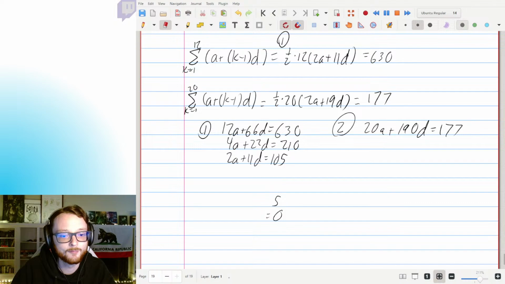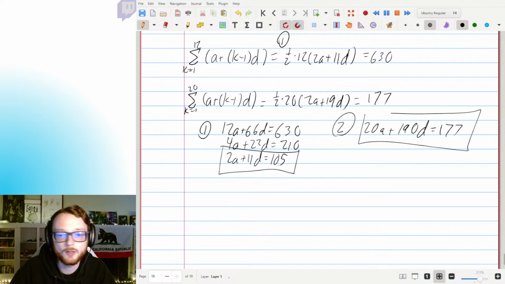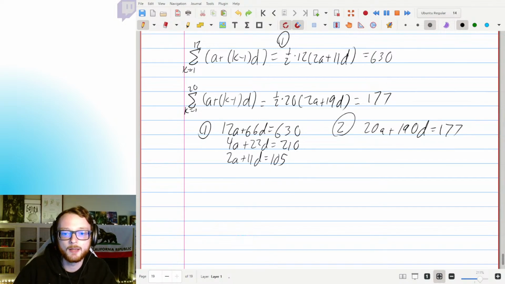I have this equation and this equation, and we can use elimination to find a and d. So I'm going to eliminate a. We have a 20a here, 2a here. Let's multiply through equation 1 by 10. Looks like that.